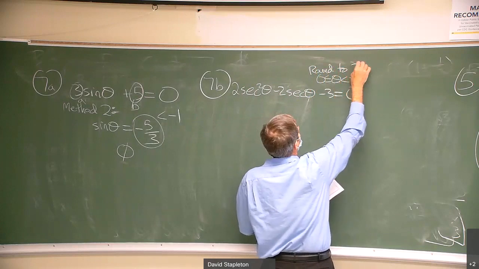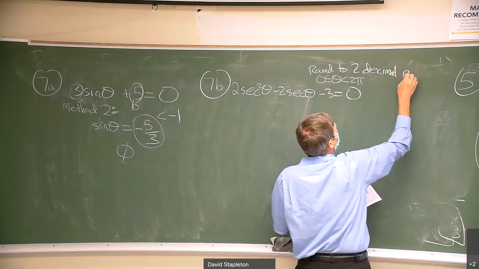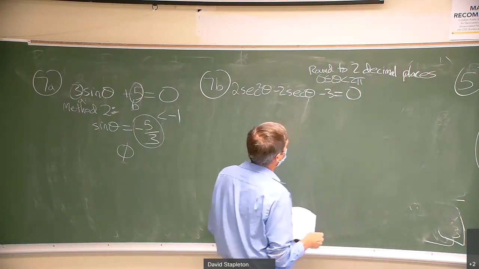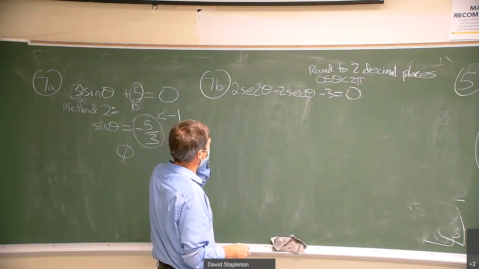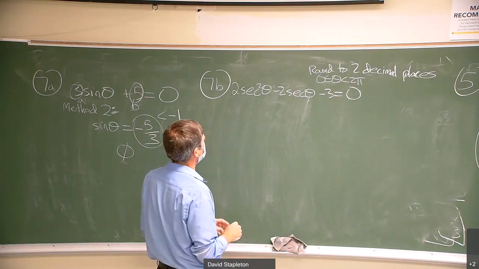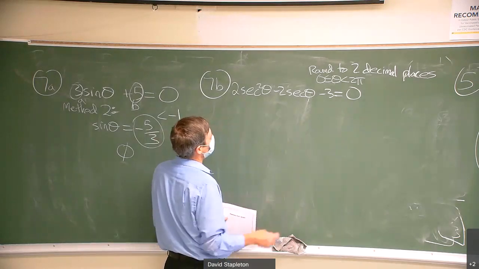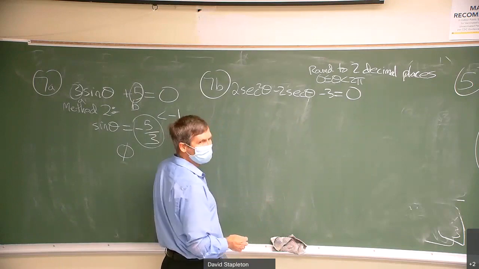What is that round to 2 decimal places? Use your calculator. Yeah, you're gonna need the calculator, and the reason is you're not gonna get all special angles. At least some of the angles will be non-special. So you have to get a rounded result. All right, can't leave it in terms of pi and square roots and things. Now, what method do I use for this?